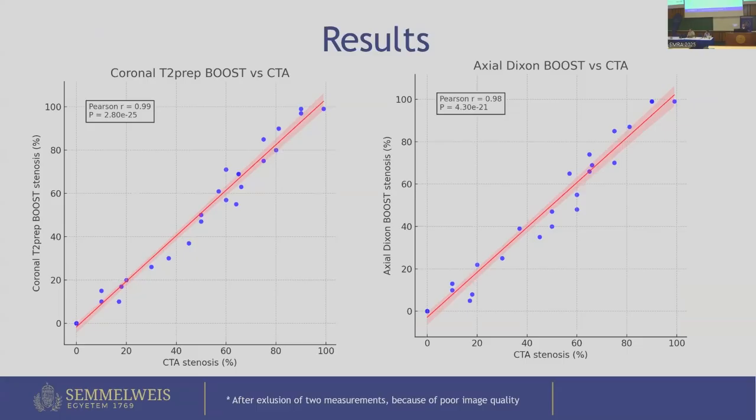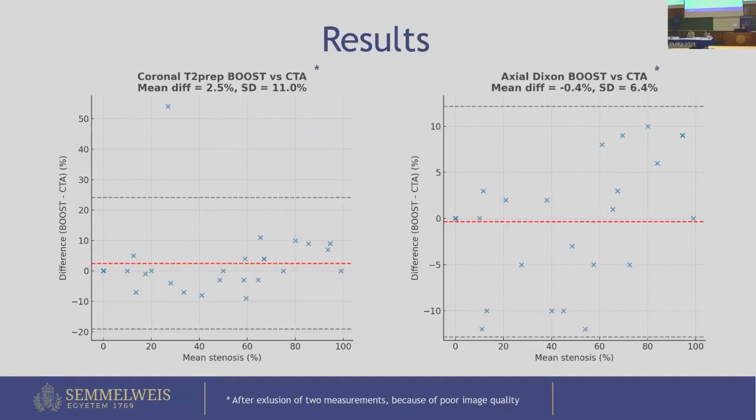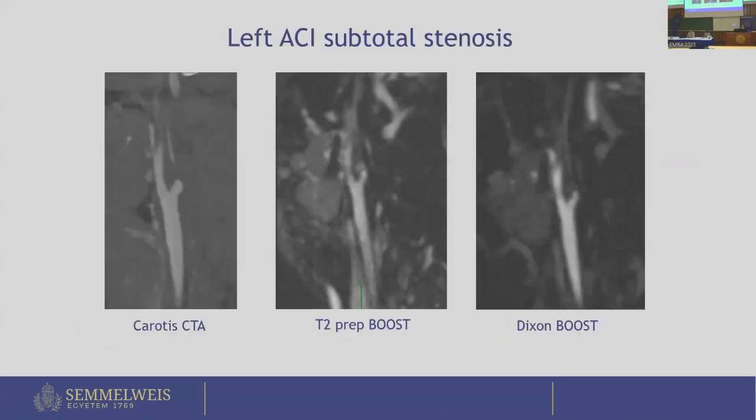Both the coronal and the axial Dixon-based BOOST MRI showed a strong correlation compared to CT angiography results, and the Bland-Altman analysis shows that the T2 prep BOOST MRA technique slightly overestimated the stenosis by 2.5%, and the Dixon-based MRI technique slightly underestimated the degree of stenosis. The difference was 0.4%.